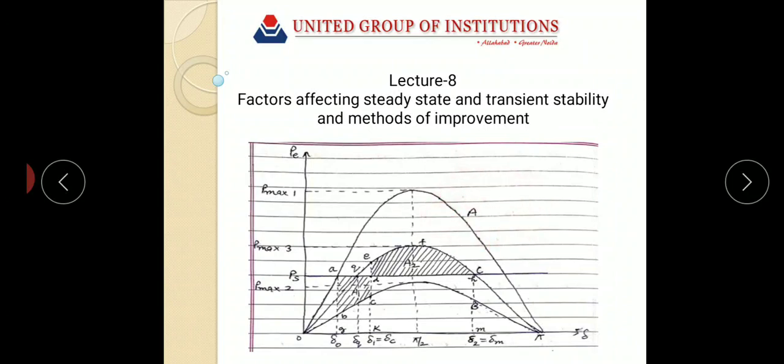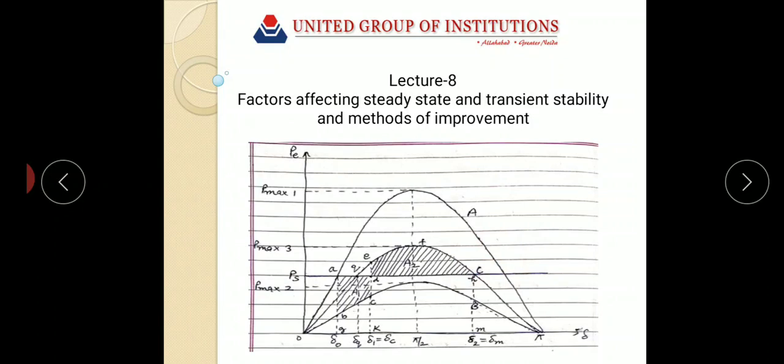This is curve A. When one faulted line and one healthy line is in operation, this is curve B. And when the faulted line is isolated from this section, then only one healthy line is in the system. That condition is curve C.